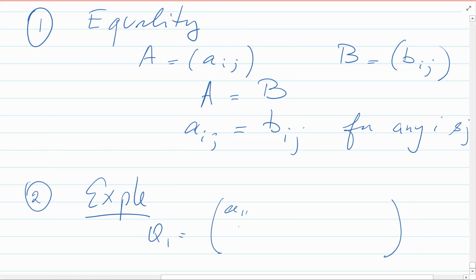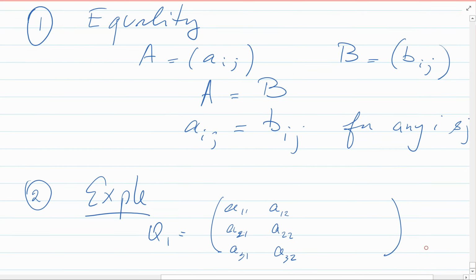Then we have A21, because 2 is the row and 1 is the first column. So A21 is family 2 expenses for housing. A31, and then we have A12, A22, A32. Remember, these are the expenses for food in that quarter.